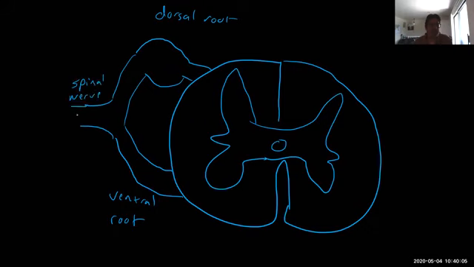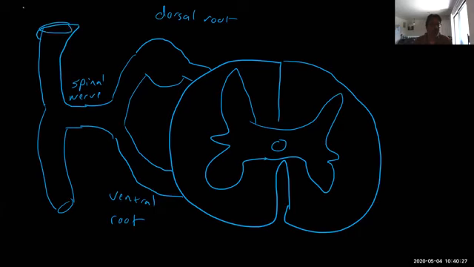Almost immediately, that spinal nerve divides again, it branches off. And it will give rise to what we call a posterior or a dorsal ramus that goes to the back, and a ventral ramus that goes to the front, like this.